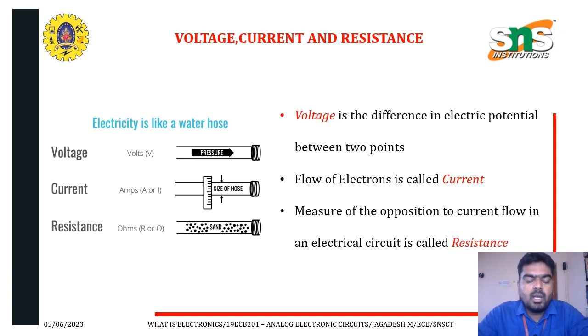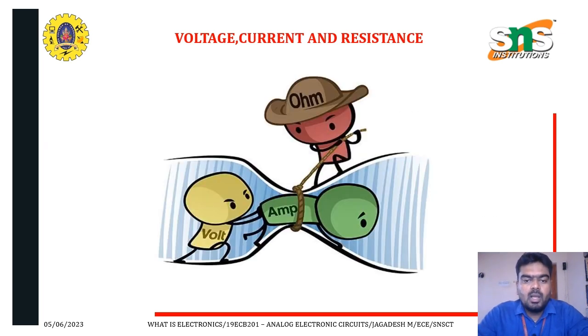The units of these three parameters are: for voltage, volts, that is V; for current, amps or amperes; and for resistance, ohms. The symbols are given here. An even simpler example is given in the slide.